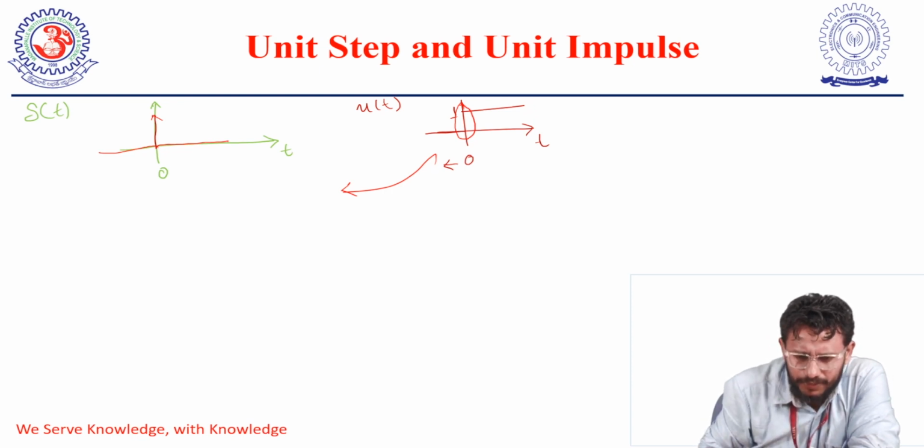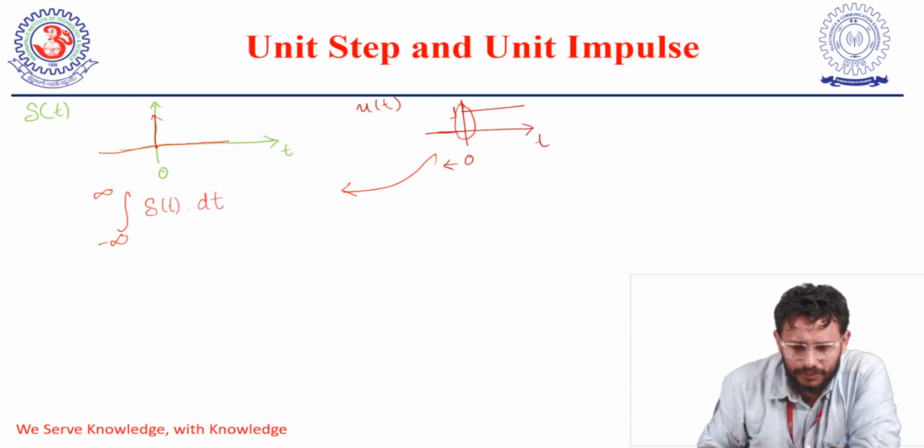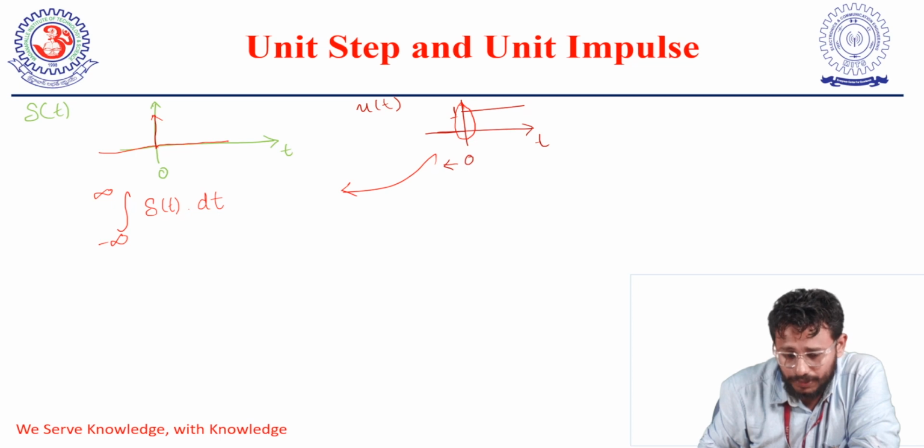What if we try to integrate this impulse function between minus infinity and infinity over time? Now we know this function is non-existent from minus infinity to 0, and non-existent from 0 to infinity. However, at that particular instant 0, this guy exists.